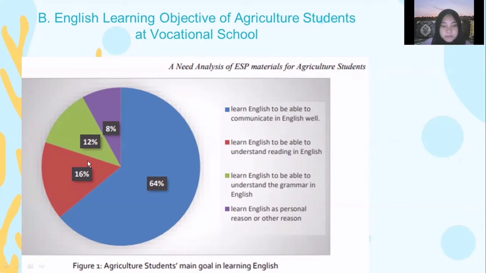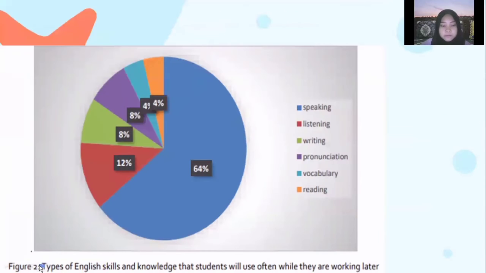About 12% of students learn English to be able to understand the grammar in English. And then about 8% of students chose to learn English for personal or other reasons.